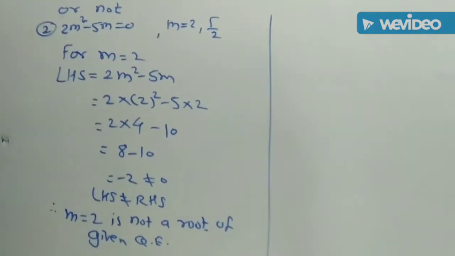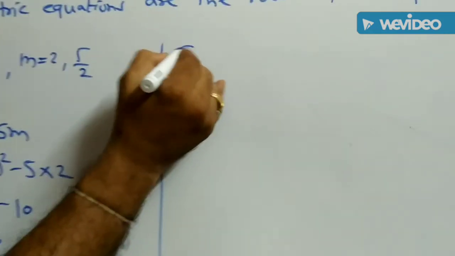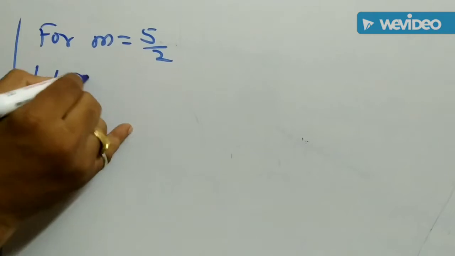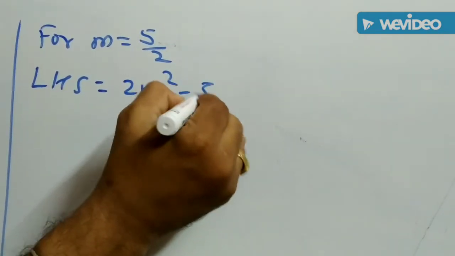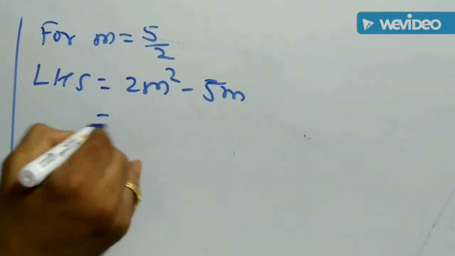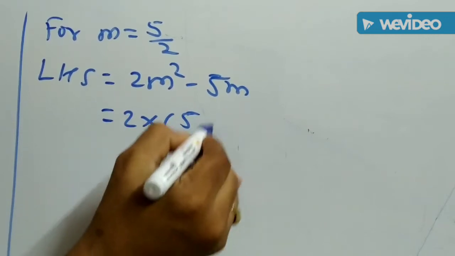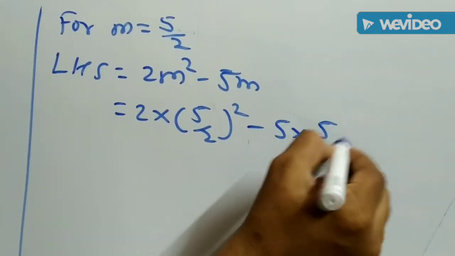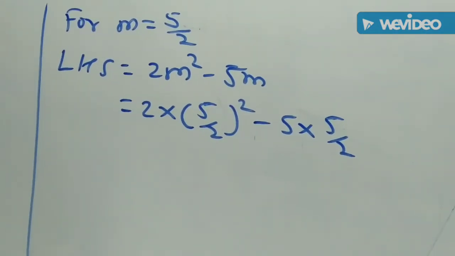Now the second value of m is given, 5/2. Therefore for m = 5/2, take LHS: 2m² − 5m. That is 2 into (5/2)² minus 5 into 5/2.